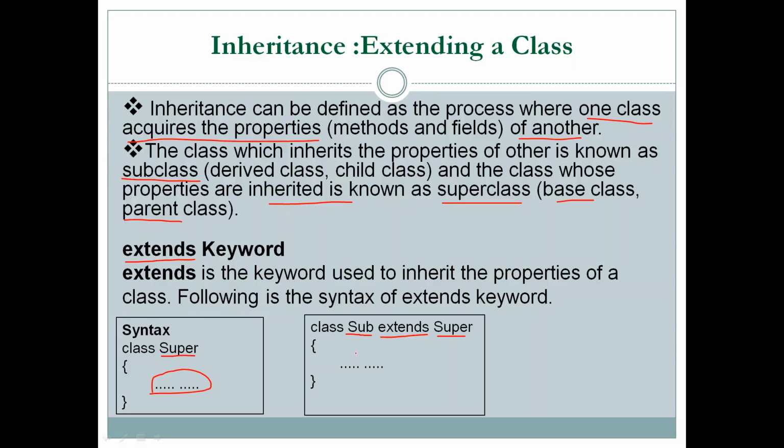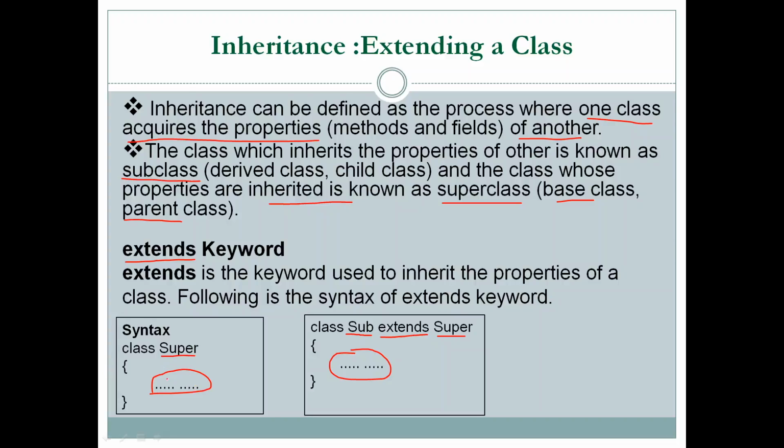And the subclass may also have its own properties. Now one important thing about the subclass: it includes its own properties as well as the properties of the class super, because it is inheriting it.